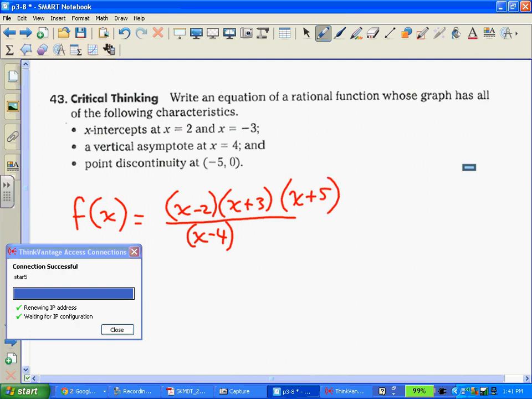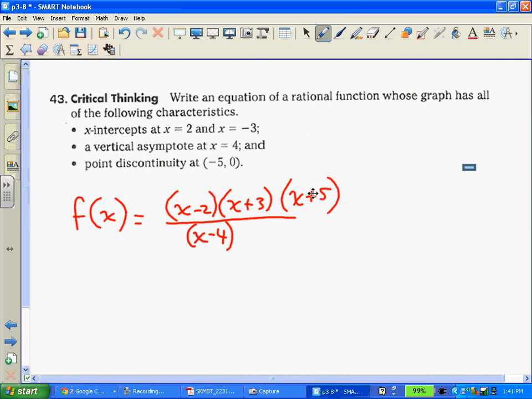So this rational function has an x-intercept when x equals 2, x equals -3, and x equals -5.